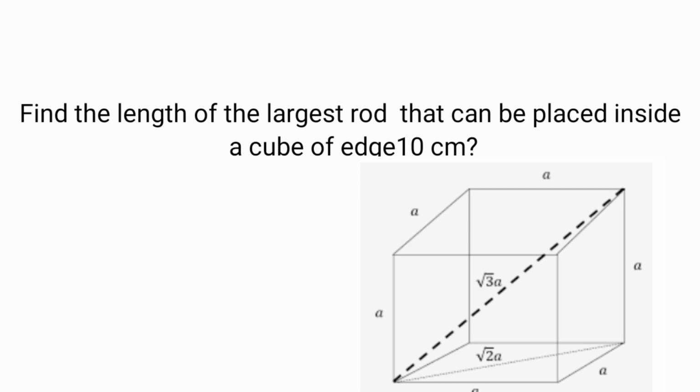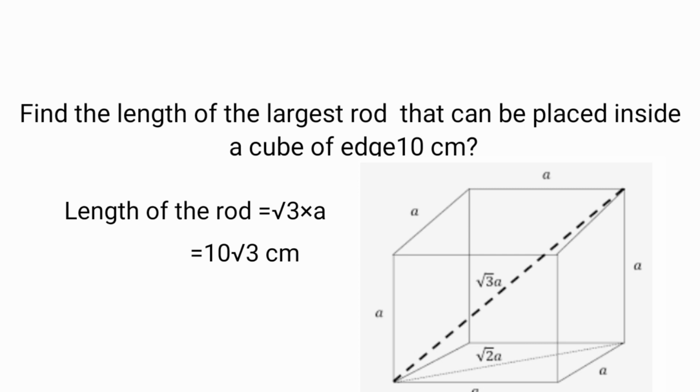We know that the largest rod that can be kept inside a cube will have a length equal to the diagonal of the cube. And the diagonal of the cube is root 3a. So the answer will be root 3 into a, where a is 10 in this question. So the length of the largest rod that can be placed inside the cube is 10 root 3 centimeter.